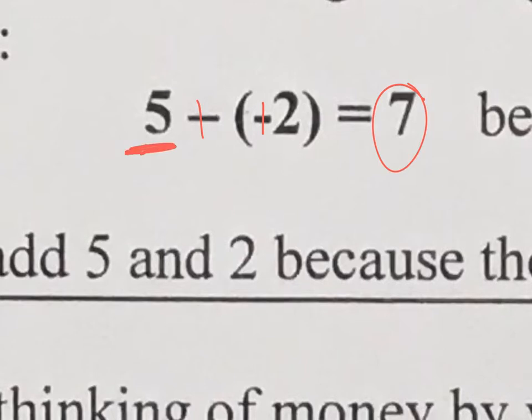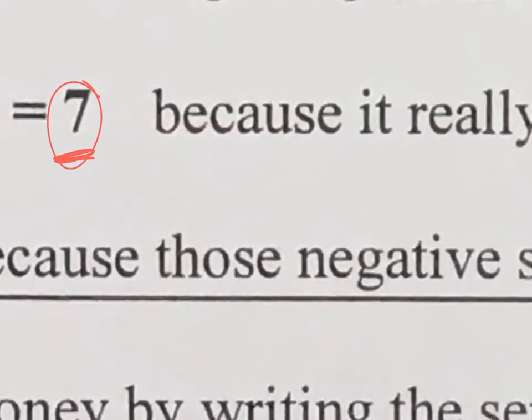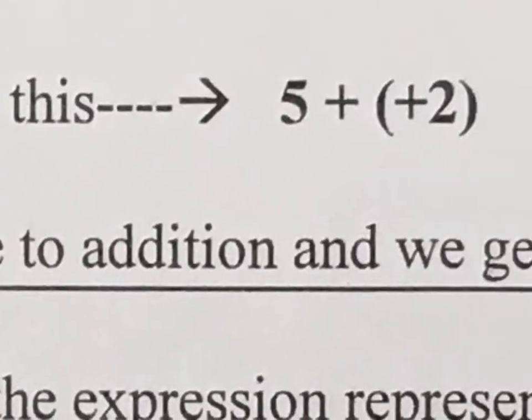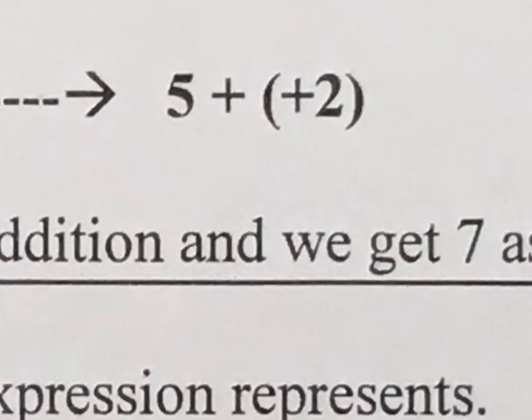Why do you have? Because this 5 is positive. So you have $5 in your left pocket. You have $2 in your right pocket. You're going to have a total of $7, right? 5 plus 2 is 7. Positive 5, positive 2, positive 7, right? And of course, I explain right here that it is 7 because the minus has to change to plus.